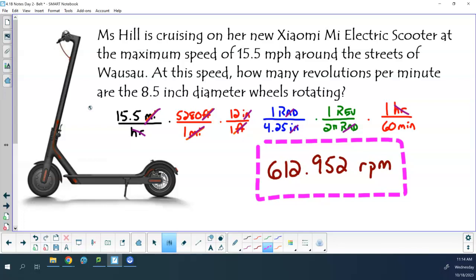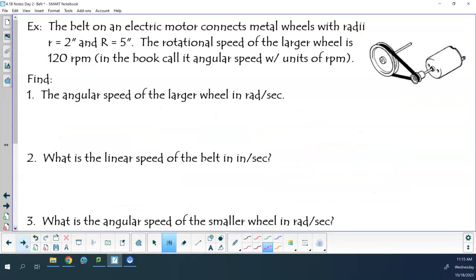Those wheels are both the same size on that scooter. But not always will we have the same size wheels rotating. So today we're going to talk about the belt on an electric motor connecting metal wheels with radii of 2 inches and 5 inches.